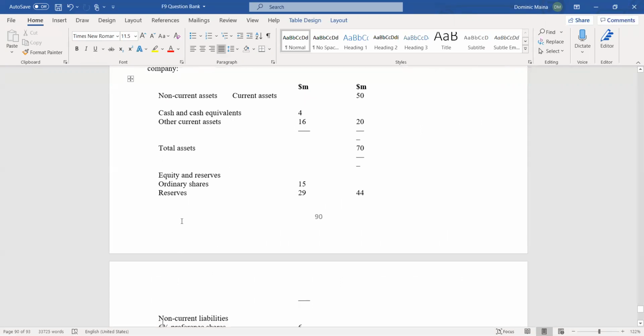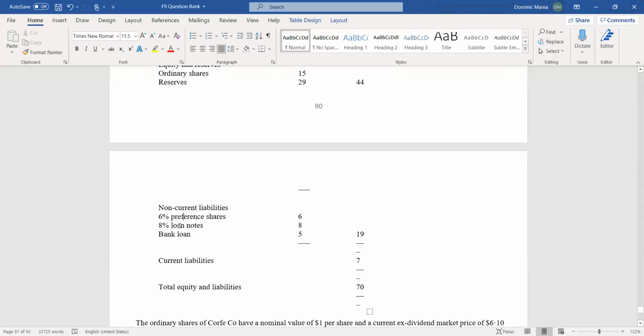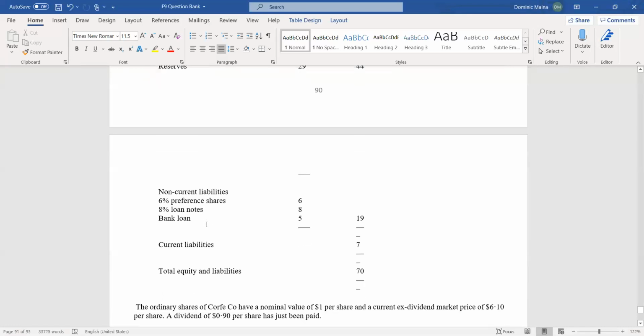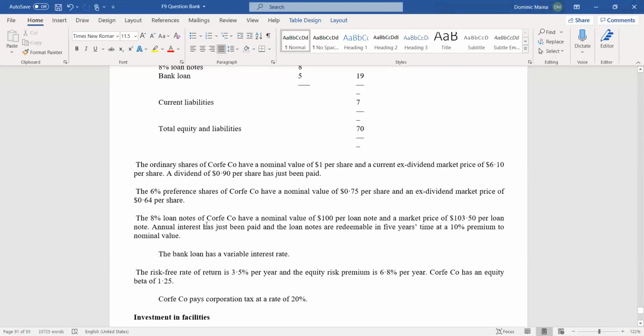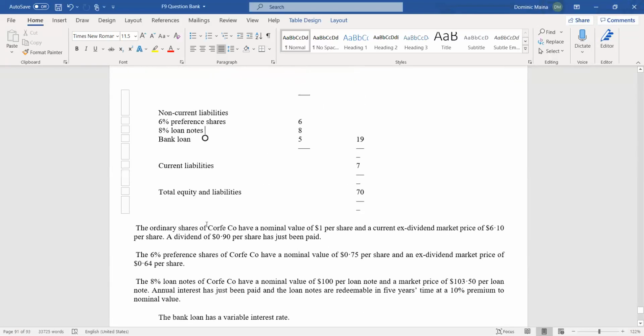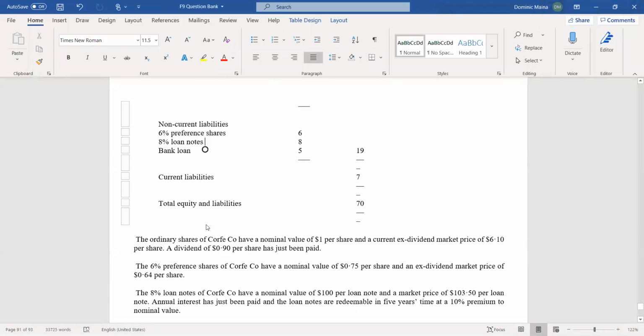It is also financed by preference shares, by the 8% bond, as well as by bank loans. So those are the four finance sources for this particular company.